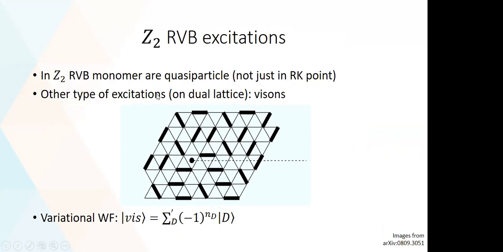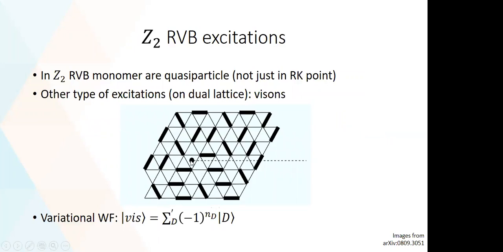Another type of excitation is what's known as visons, and these excitations live on the dual lattice. So if we are on the triangular lattice here, they live, let's say, in the middle of a triangle, in the middle of the plaquette.